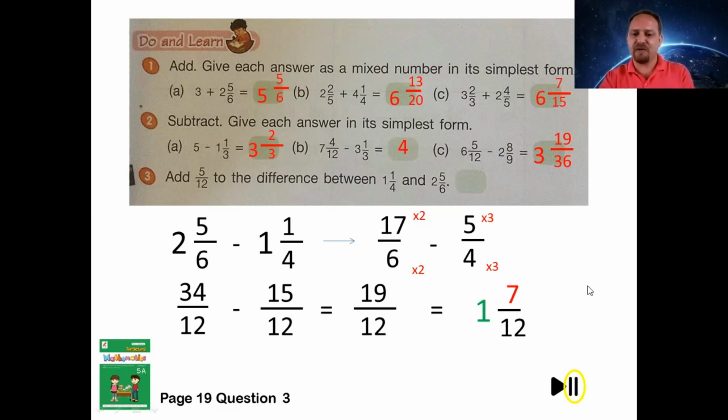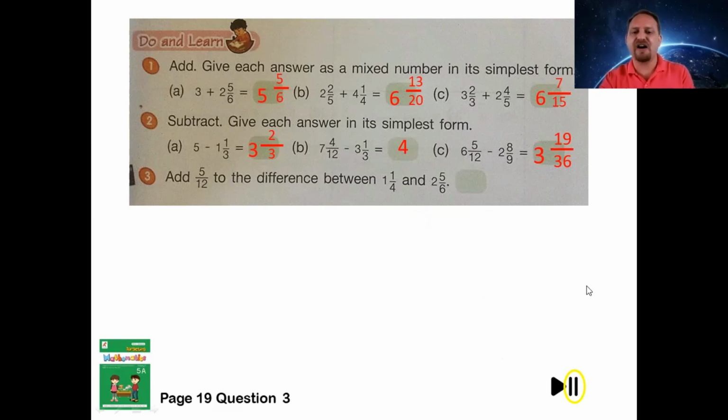Now with 1 and 7 over 12, you must add 5 over 12 to that answer. If you haven't done that already, just press pause now. Okay, good, and we're back. So now we have a new addition problem, 1 and 7 over 12 plus 5 over 12.